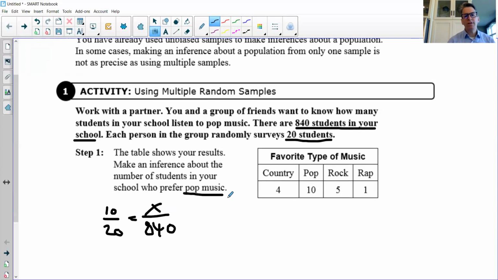That's going to yield 20 times X is equal to 8400, so X would be 420 students who would like pop music based upon step 1.